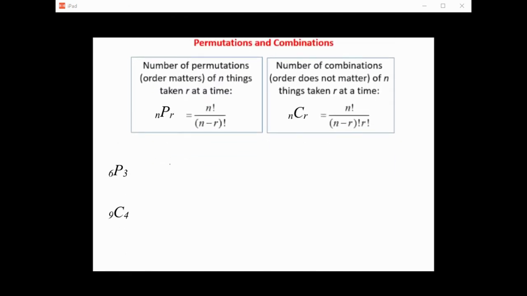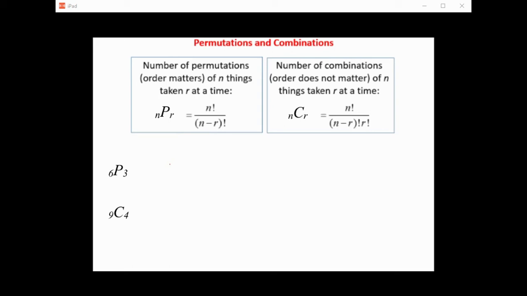Now, today we're doing permutations and combinations, and I wrote the formulas up on the board. The most important part is being able to tell which one it is, permutation or combination. I suggest you write it down if you're ever at home and need it for homework problems.